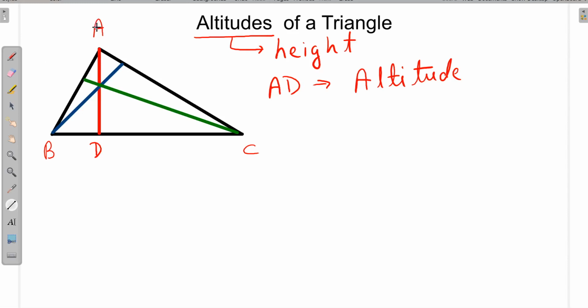So the altitude is always drawn from the vertex to the opposite side, and this line falls perpendicular to that side. Here I name it E and this F. So BE is also an altitude, and similarly CF is also an altitude.